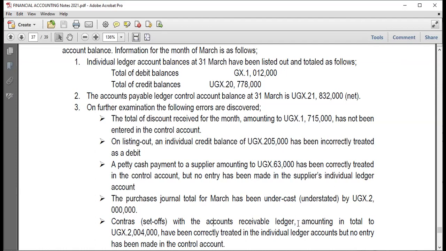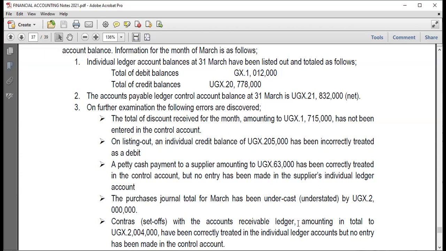So we have cases where we have contra entries where there's a payment from the same supplier who is also a customer, and then you have to do a set off or a net off, okay? So we have such cases.